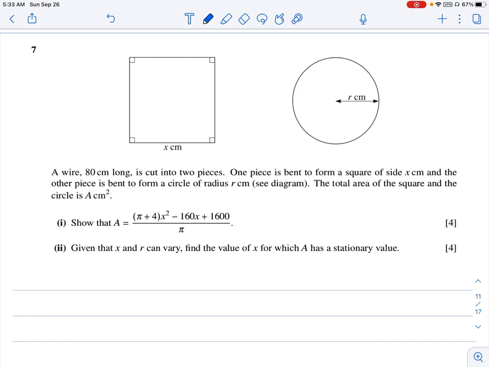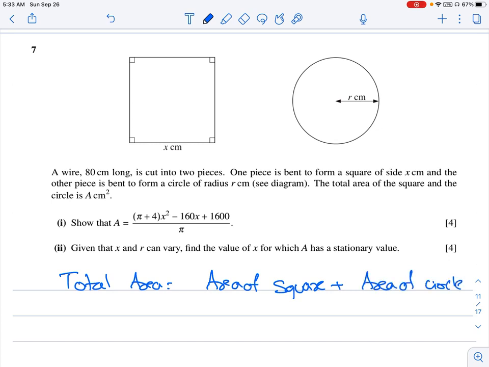So total area is area of square plus area of circle. Area of a square is 4x, plus area of a circle. What is this?